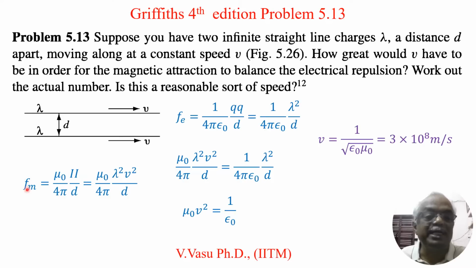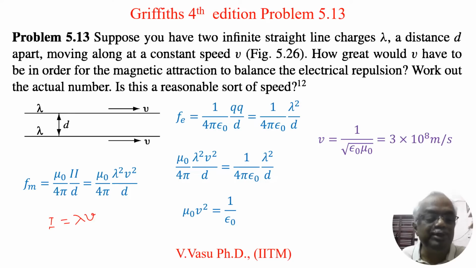The magnetic force per unit length is equal to mu naught divided by 4 pi, I times I, because this current is I, here also I, divided by the distance t. Now you know that this is magnetic force per unit length, because we are dealing with a charge per unit length. So now I can be written as I is equal to lambda multiplied by v.